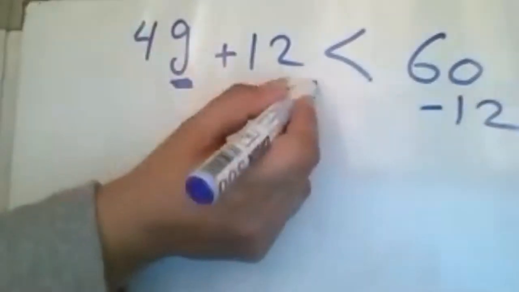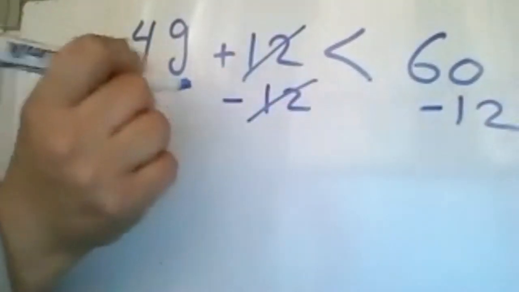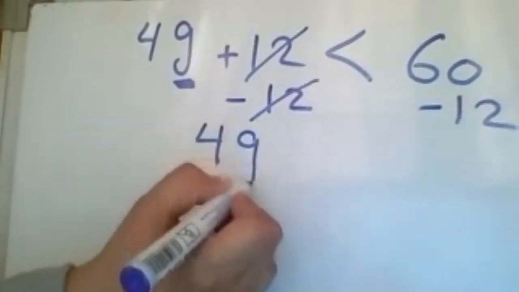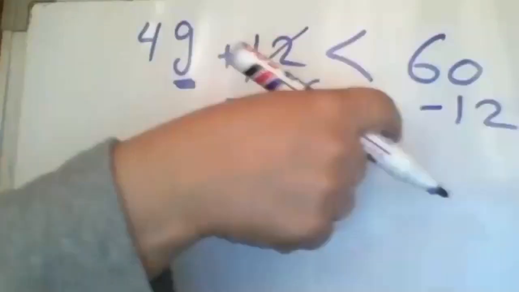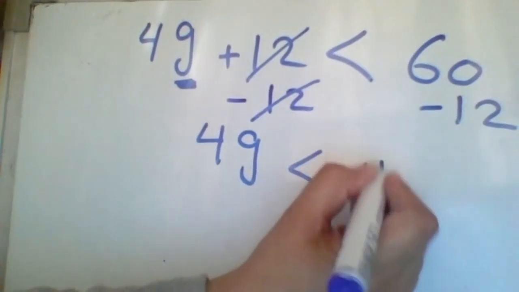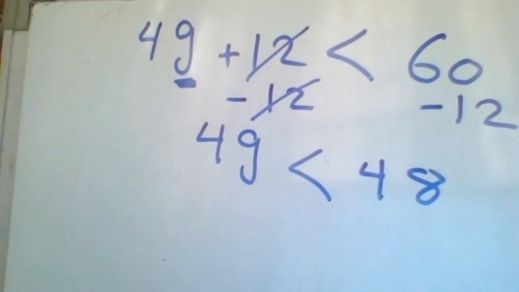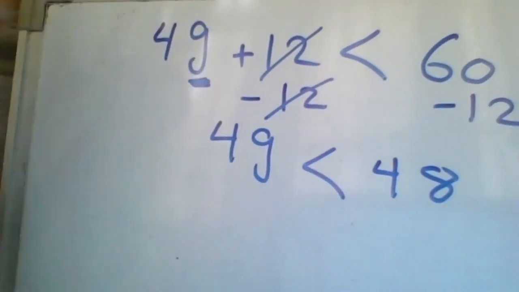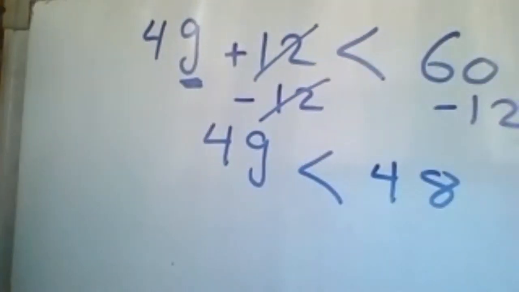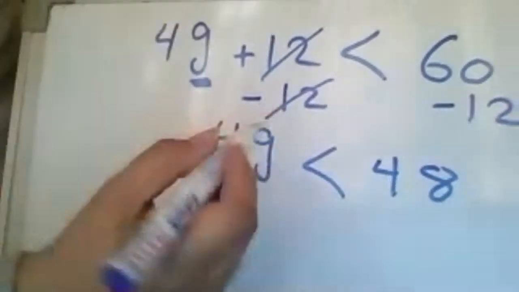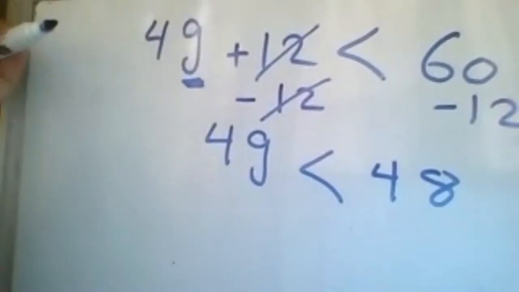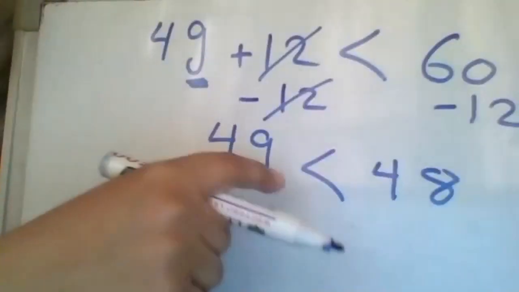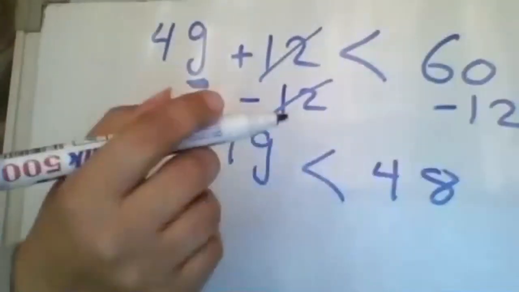Then 12 minus 12 will equal 0. So we have 4g less than 60 minus 12, which equals 48. What is the next step? 4g less than 48. What do we have to do?